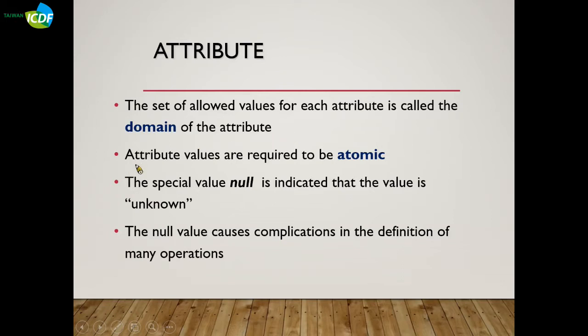In addition, attribute values are required to be atomic. That is, it cannot be a set. And null is a special value for attributes. Null usually indicates that the value is unknown, and this kind of value can sometimes cause complications in the definitions of some operations.